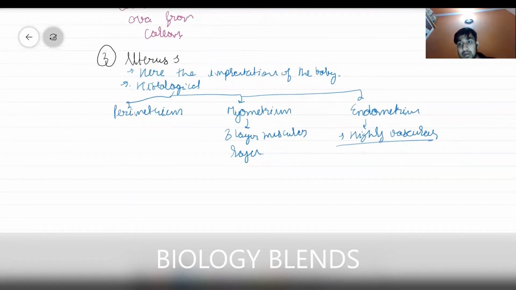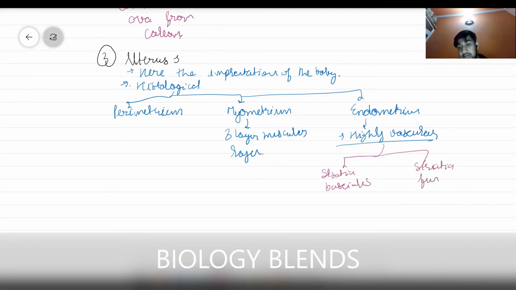Endometrium, the vascular area, has two layers: stratum basalis and stratum functionalis. The stratum functionalis is shed during menstruation, or bleeding of this blood.